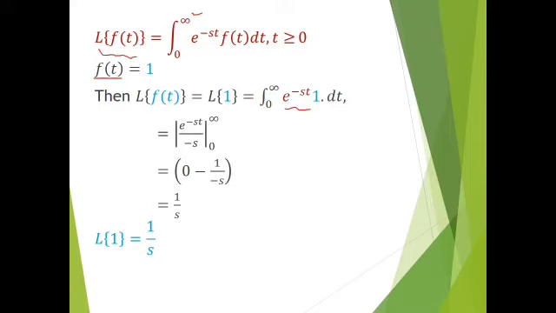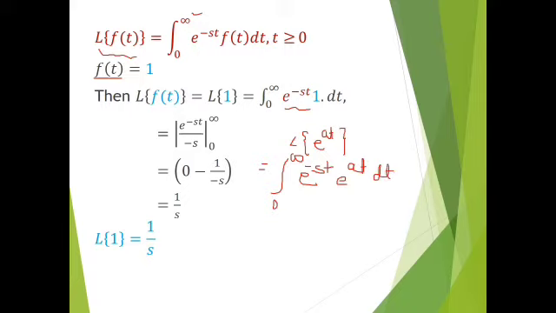We also find the Laplace transformation of another function, like e to the power at. The same approach we are using. This is the general formula. Now in e to the power minus st, we replace f of t with e to the power at, and dt.